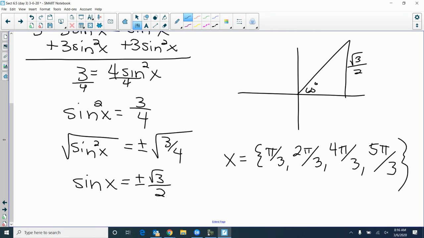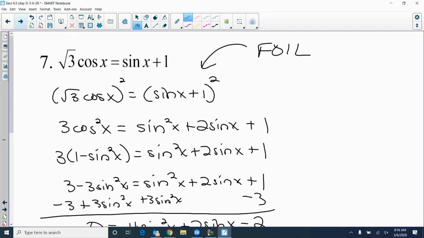All right, now there's the last one. I'm not going to go through this last one, I'm going to explain it for a second. This one's a little bit more complicated. I have the workup. This is, like I said, more on the advanced level. You're not going to see one like this on the test, but I'm going to have it on the guided notes. Since I have a square root of 3, I don't have any squares in here.